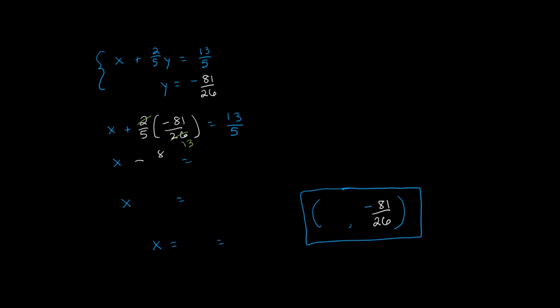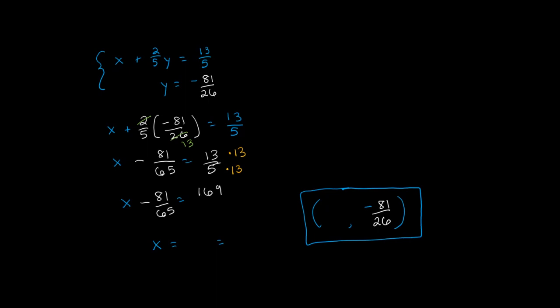This will be minus 81 over 65. And so we still got our 13 over 5 over here, but we need to get that to have a denominator of 65. So I can multiply that by 13. So this is minus 81 over 65.